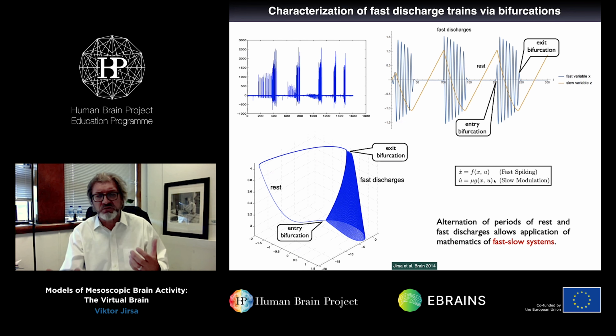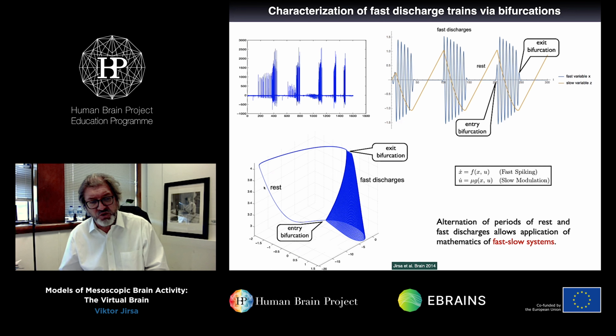And there we can start invoking the language of slow manifolds and fast manifolds. I don't have time to enter into this, but a mathematical object that is being represented like this has the corresponding unfolding in a three-dimensional state space.